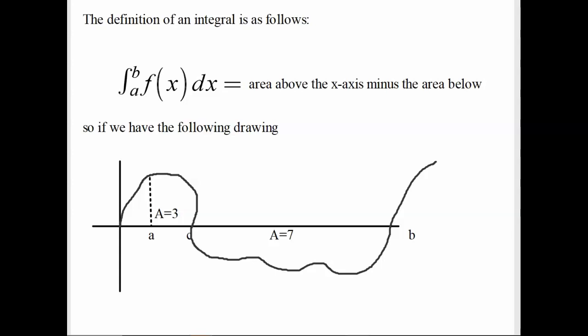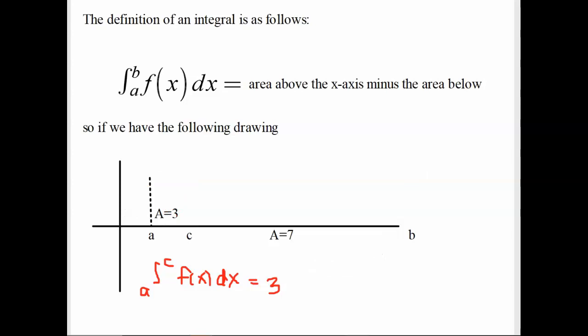So the integral for this first region here would be the integral from A to C of f of x dx, because you need the dx, is equal to 3.